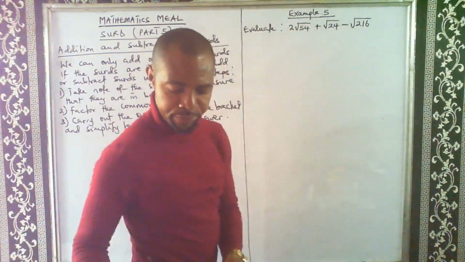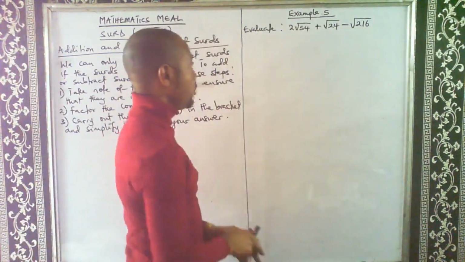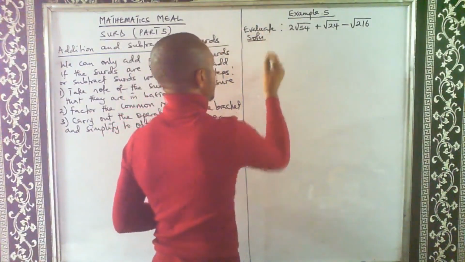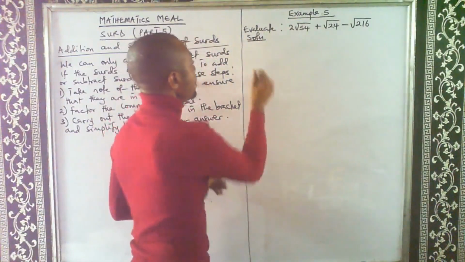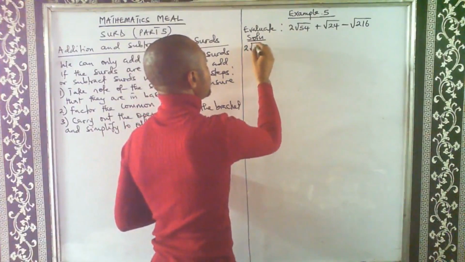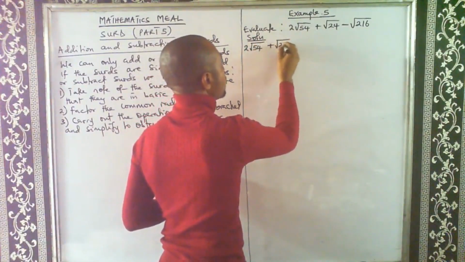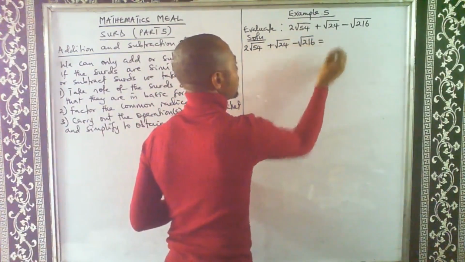Okay? I hope we are still together. Yes, I know we are together. Let's take this meal and then we can now have our takeaway question. 2 root 54 plus square root of 24 minus square root of 216.